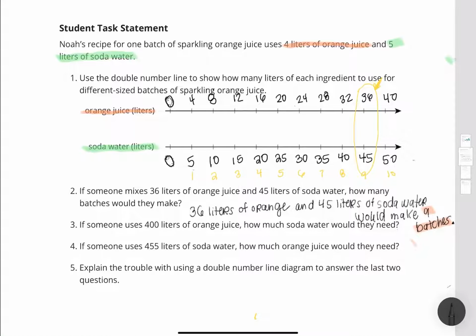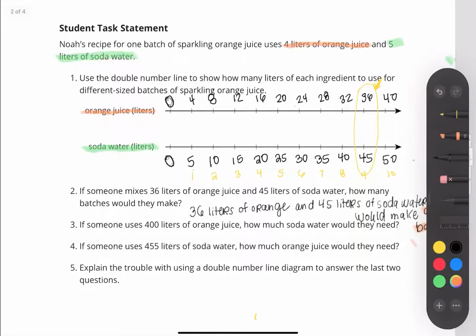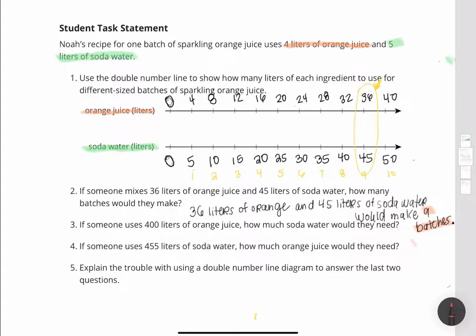If you guess 100, you are absolutely correct. So if I multiply 4 times 100, and if I multiply 5 times 100, because remember, we want to keep it proportional so the sparkling orange juice tastes the same, okay? So whatever I do to one side, I do to the other side.